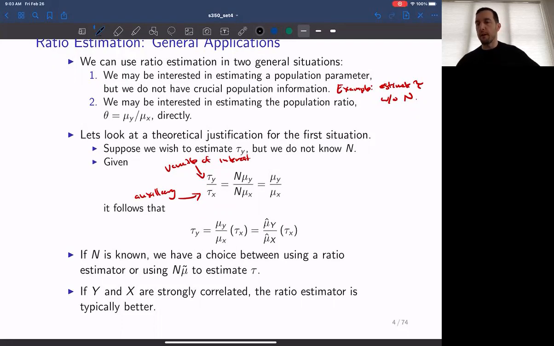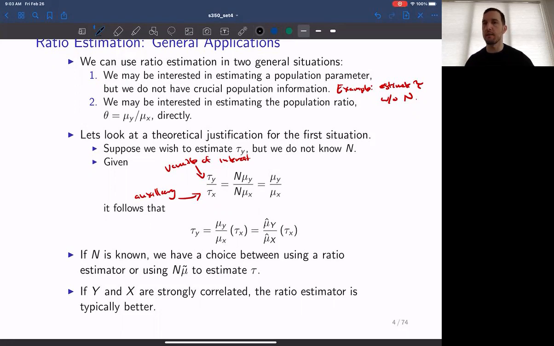So we're going to see some examples of ratio estimation. Again, we have 2 general scenarios: using ratio estimation when we are lacking some key statistic or population parameter, and ratio estimation where we're interested in actually talking about the ratio between these 2 variables in our data set.